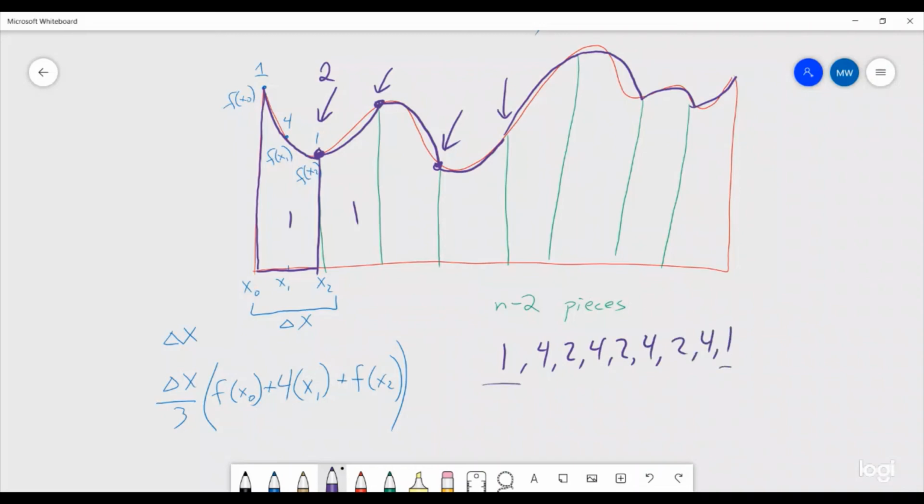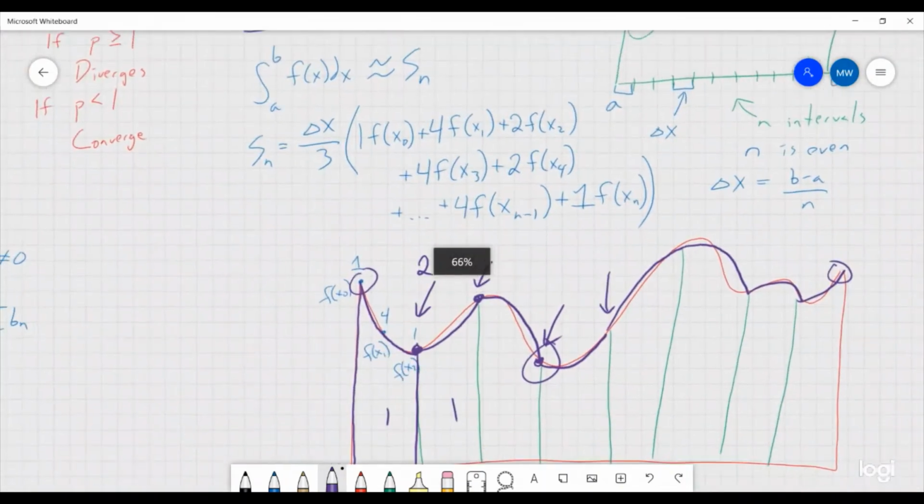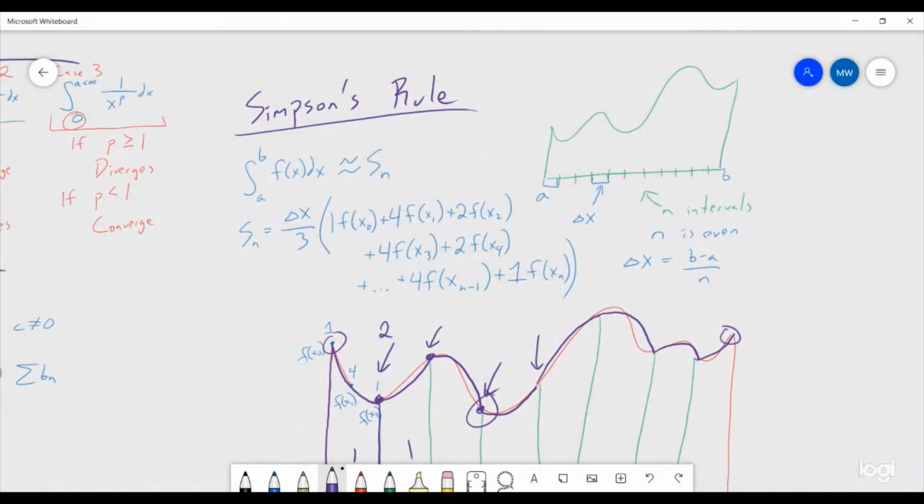It's 1 on both ends because those are only part of one of the parabola approximations, and all of these 2's are because they are part of two different parabolas. So that's where Simpson's Rule comes from and why it's going to be useful. It gets pretty accurate because of these parabolas, and so it's, in general, more accurate than the trapezoid or midpoint rules.